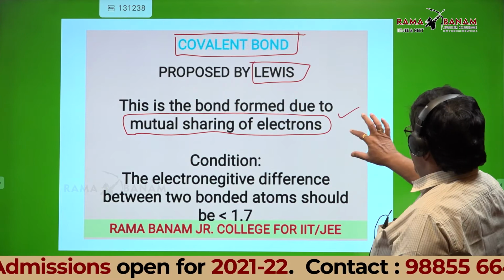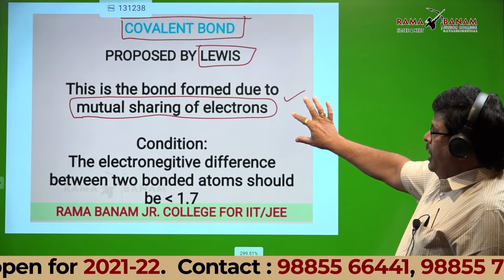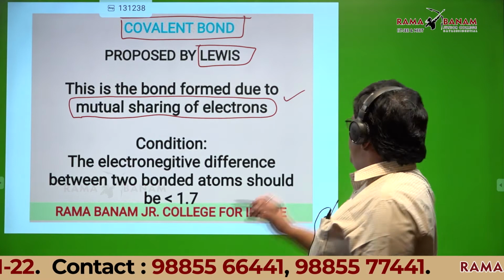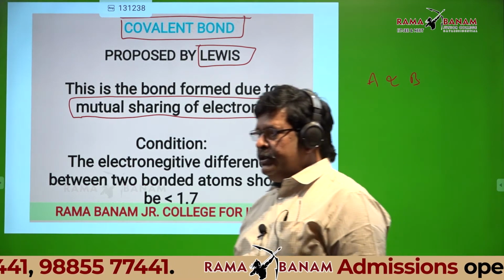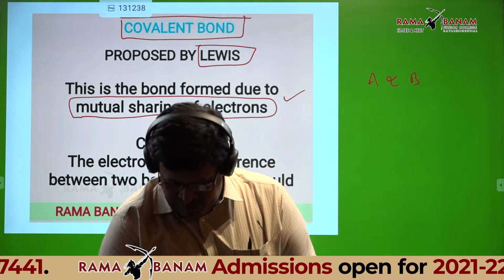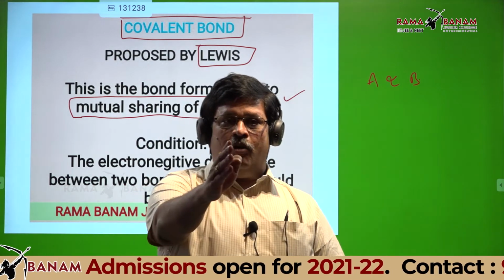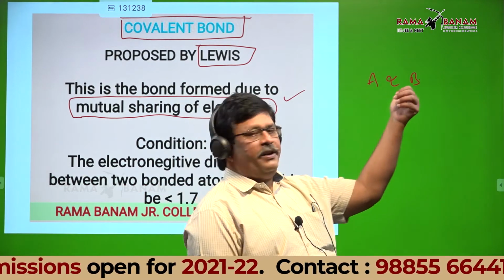See, in ionic bond I explained what is the condition. Suppose A and B are two elements. Students, concentrate on the board. Can anyone tell what is the condition to form an ionic bond between the two elements?